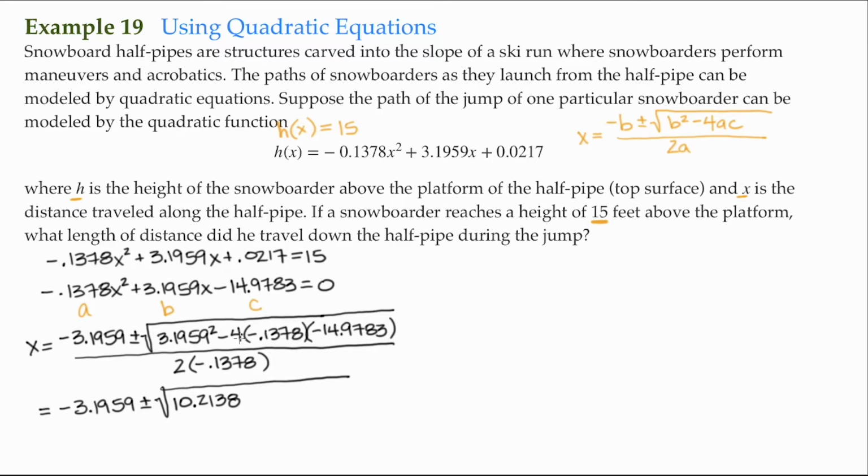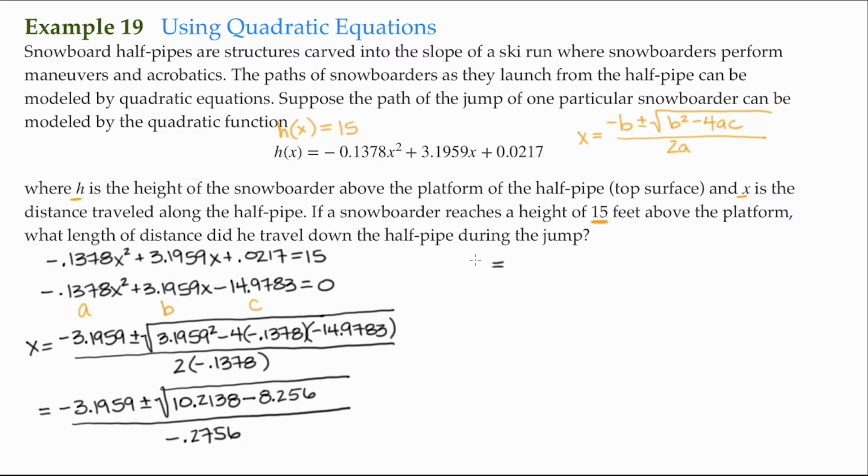We then do negative 4 times negative 0.1378 times negative 14.9783, and that comes out with a negative result, negative 8.256. And then this is all over 2 times negative 0.1378, which is negative 0.2756.